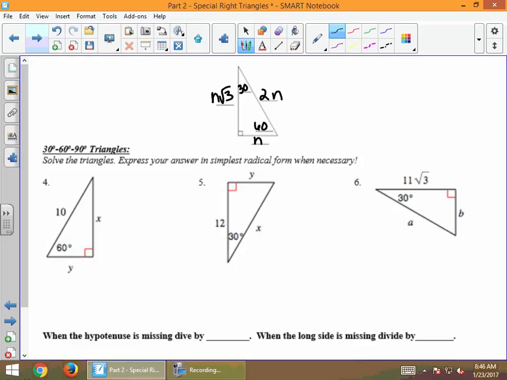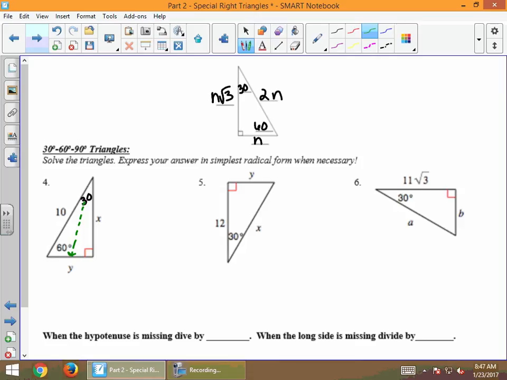So problem number 4, we know this is 30 degrees, 60 and 90. Always want to start with our short side. That's super important. So we start at our 30 and go across. We have a variable. In the last lesson, we always had a number there.